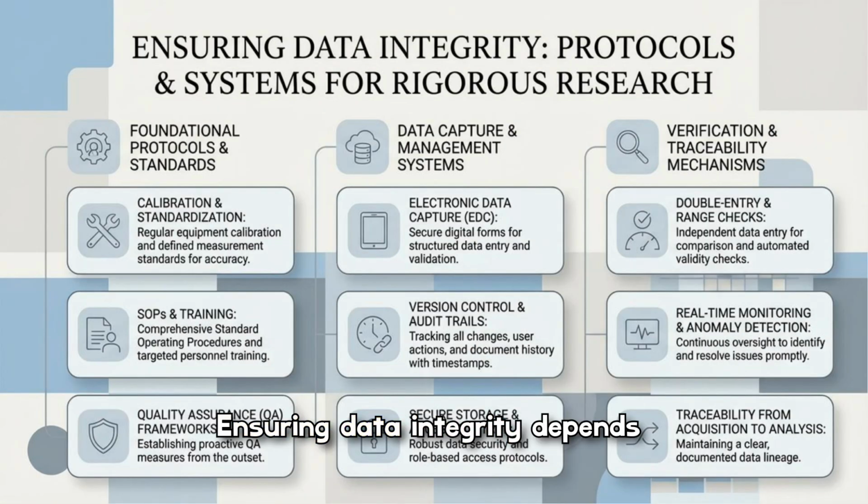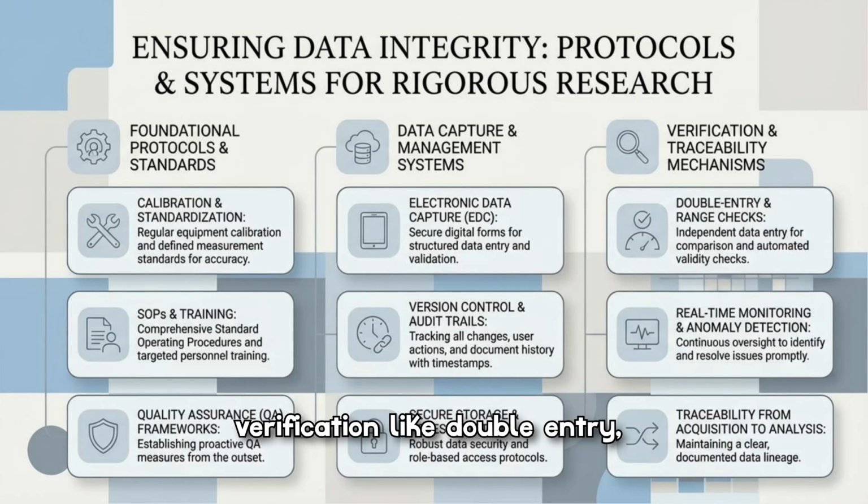Ensuring data integrity depends on clear protocols and modern systems. Regular calibration, documented standard operating procedures, and proactive quality assurance set the foundation, while electronic data capture, version control, secure storage, and role-based access protect information.